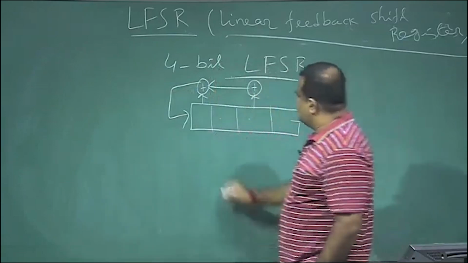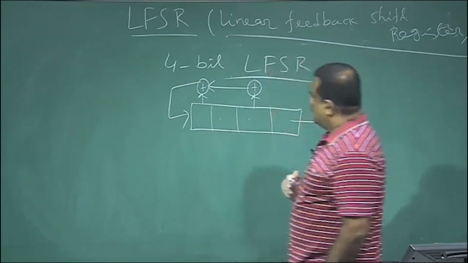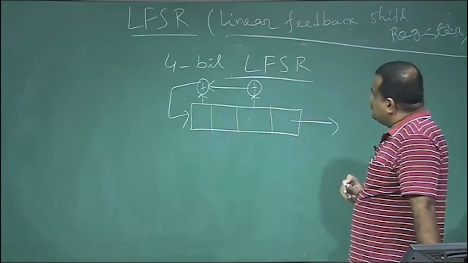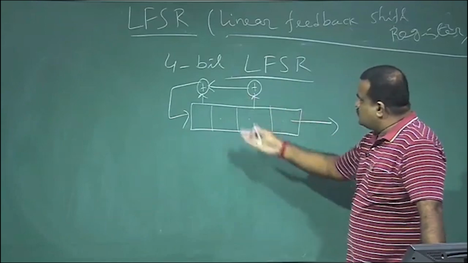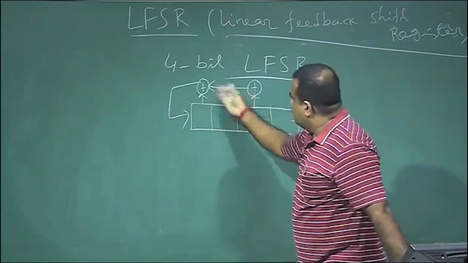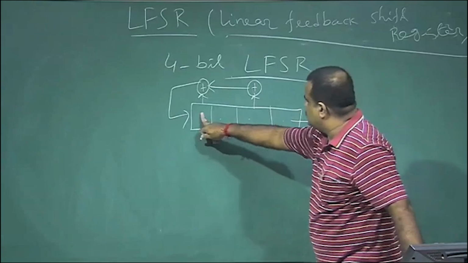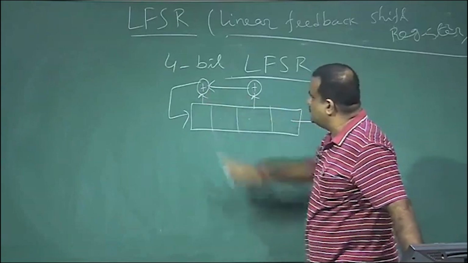Okay. So, these are all flip flops. So, it has some connection like this. A connection could be somewhere else also. So, these are called feedback bits. So, this position and this position is contributing in the feedback.